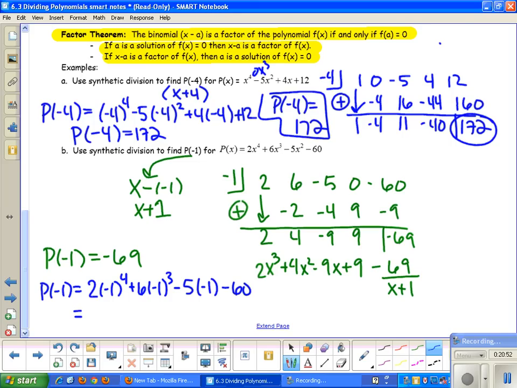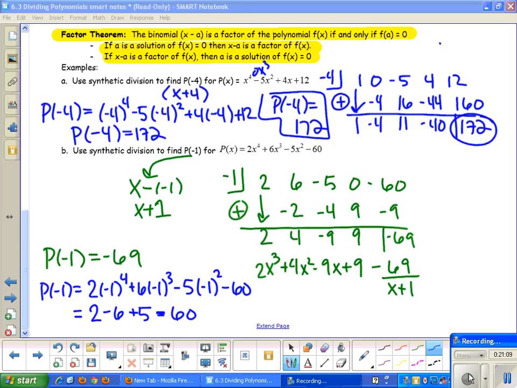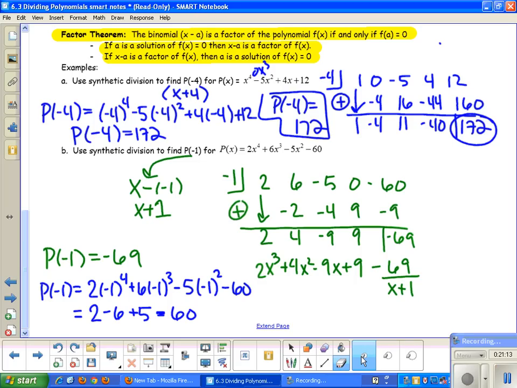So negative 1 to the 4th power would just be 1. So this is 2. Negative 1 to the 3rd power would be negative 1, so minus 6. And then this is going to be plus 5, minus 60. Sorry, I forgot to square that negative 1, so this should be minus 5 right here.